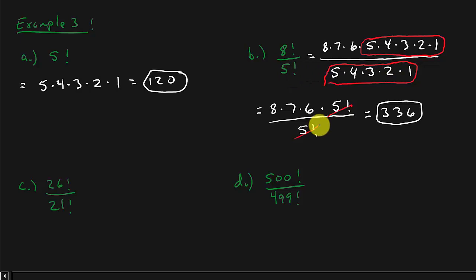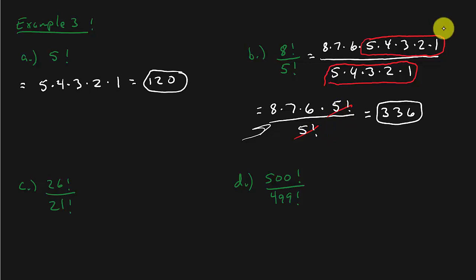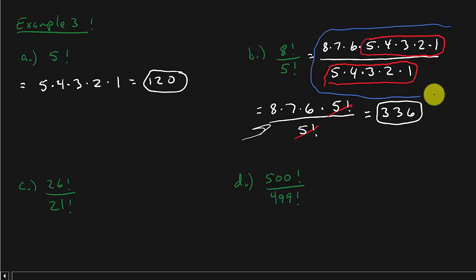All right. So you might be wondering, okay, well, why did you write this out and then go back to this? Well, I did that to show you how to get this right here, the 5 factorial and the 5 factorial. This step right here is the step you're not going to do. When you start writing this 8 times 7 times 6, and then you get to 5, well, you know in your head that's 5, 4, 3, 2, 1, which is just 5 factorial.